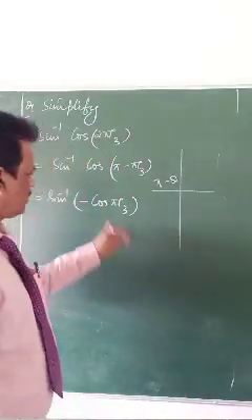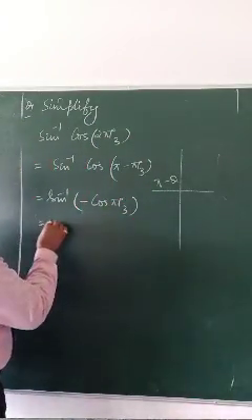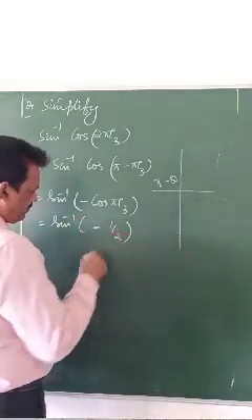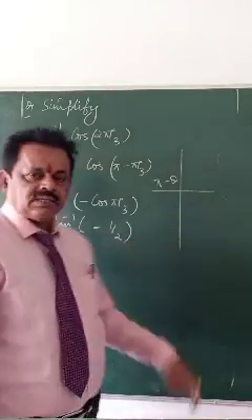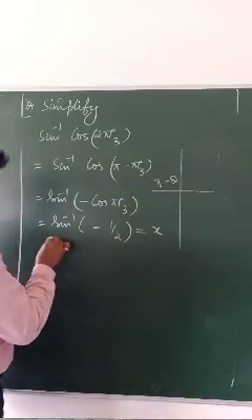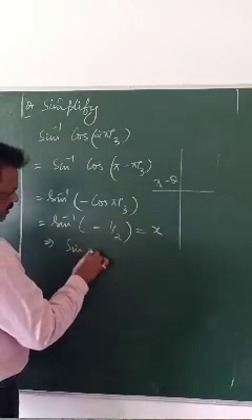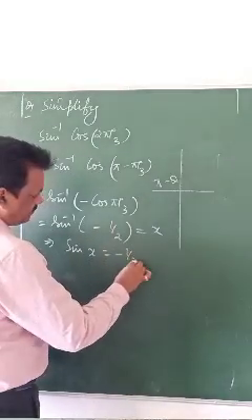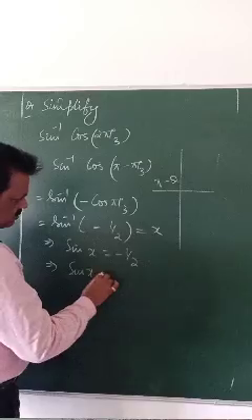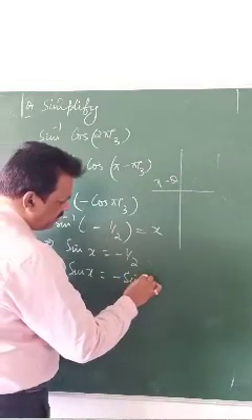Okay now, what is cos pi by 3? Half, so minus half. Now you have to find sin inverse minus half. Suppose this is x. This implies sin x equals minus half, which implies sin x equals minus sin pi by 6.